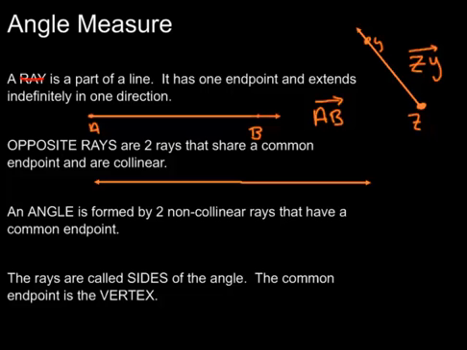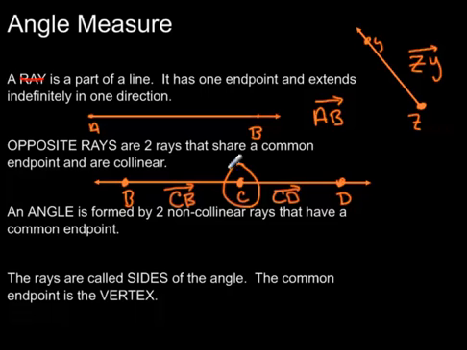Notice in this particular one, we have the common endpoint of C, and we're going to call this D. Let's call this point B. Ray CB and ray CD are opposite rays. They share a common endpoint, which is right here, and they go in opposite directions. They're collinear. Notice opposite rays go in opposite directions.